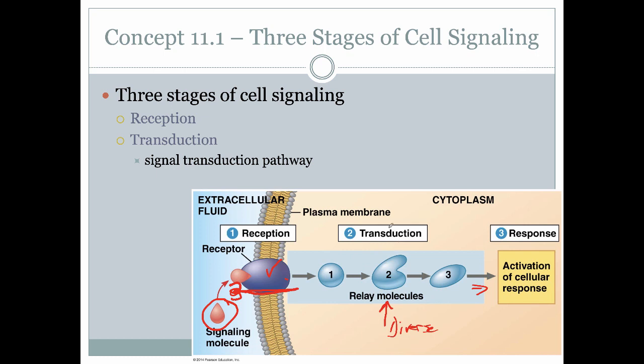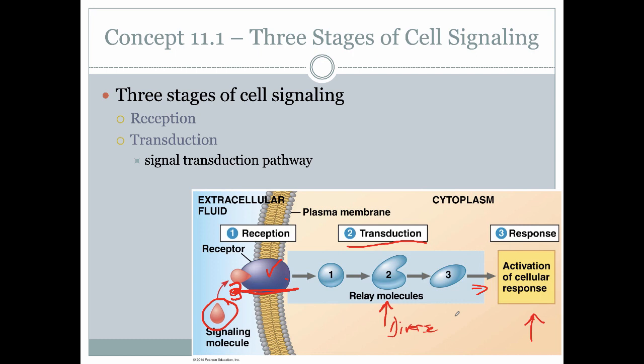This process is called transduction right here, and so cell signaling actually is called signal transduction. What it means is the ability of the cell to receive a signal and relay it into the cell so that the third component of cell signaling occurs. That third component is the activation of some response.